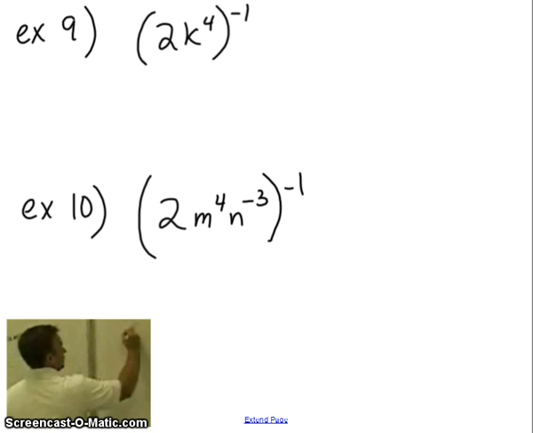Example 9. We have 2k to the fourth to the negative 1. Now there's two ways to do this. Since the whole thing is raised to the negative first power, we could just flip it.